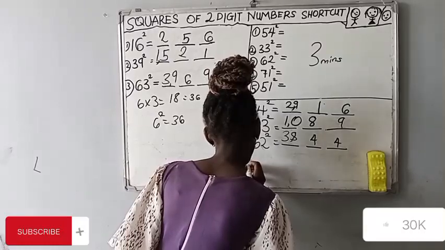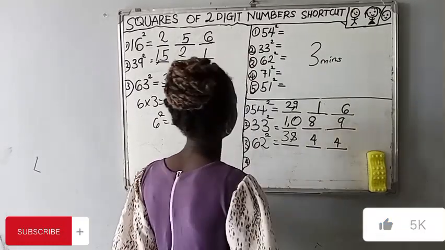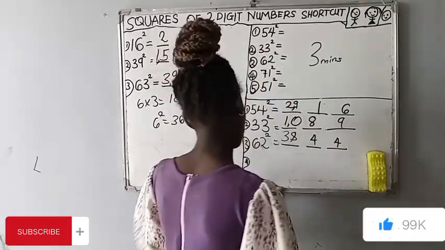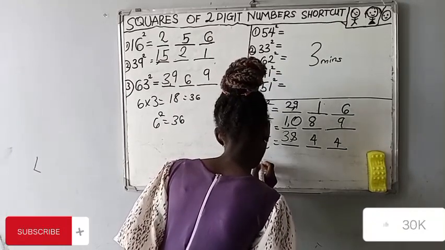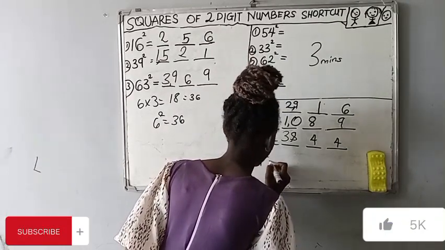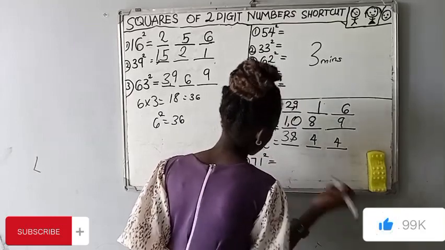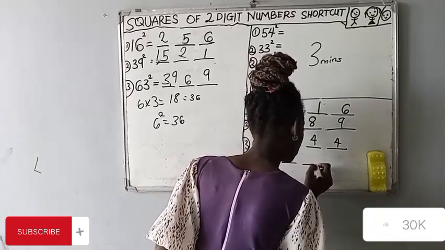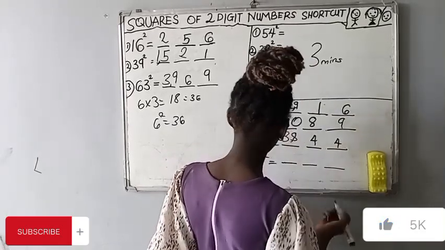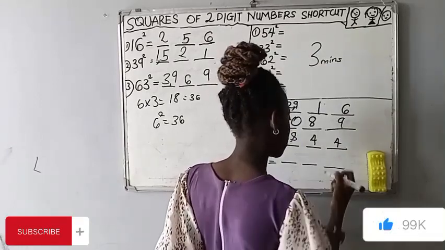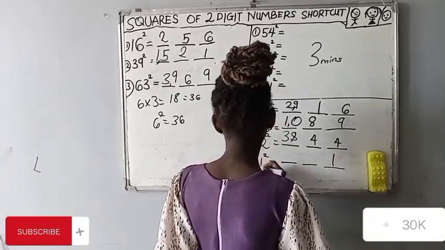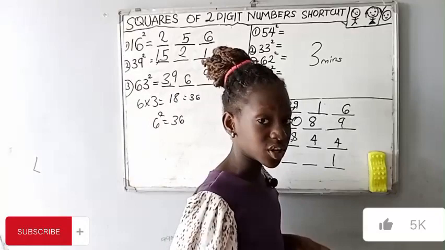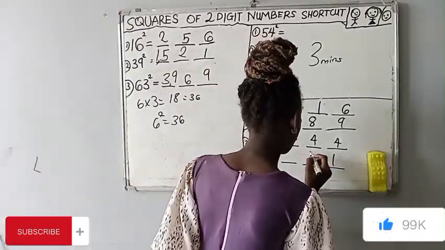Now, let's solve number 4. Number 4 is 71 squared. This might look a little bossy, but it isn't. Alright, 1, 2, 3. We'll square 1. 1 squared is what? 1. Then 7 times 1 is 7. The double of 7 is what? 14.